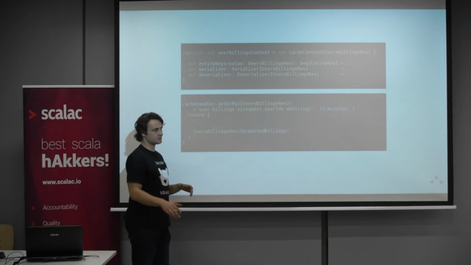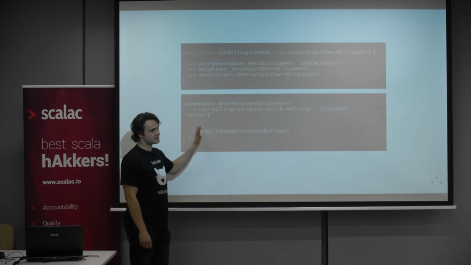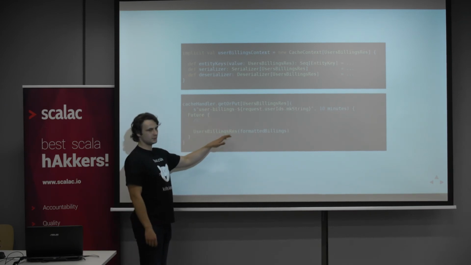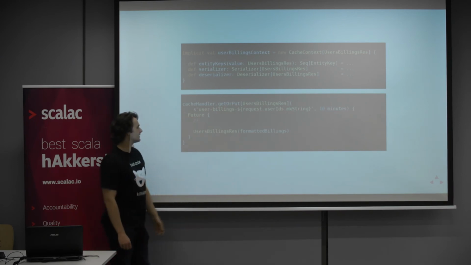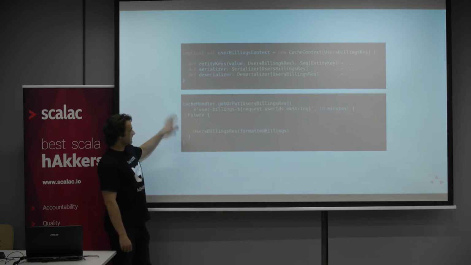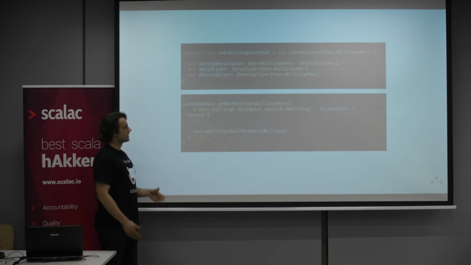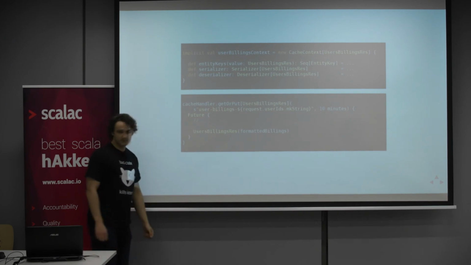But each time you use the same user IDs, well, I should sort them, you retrieve the same result from the cache store. And finally, we're just passing the future, which calculates the result in case the cache is empty, and the user billing context is passed implicitly.